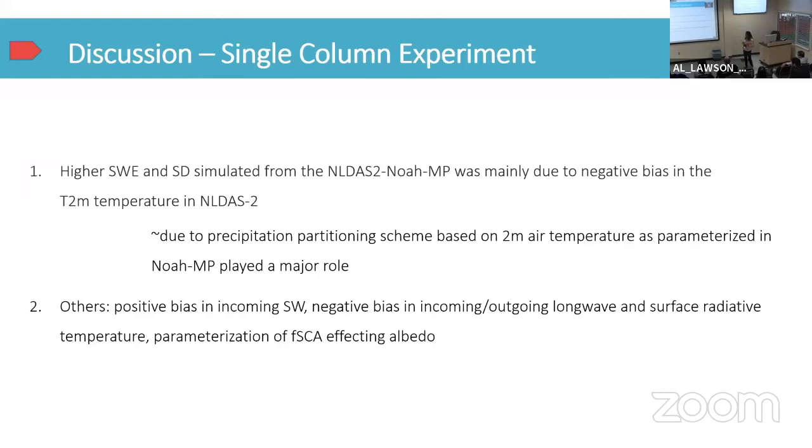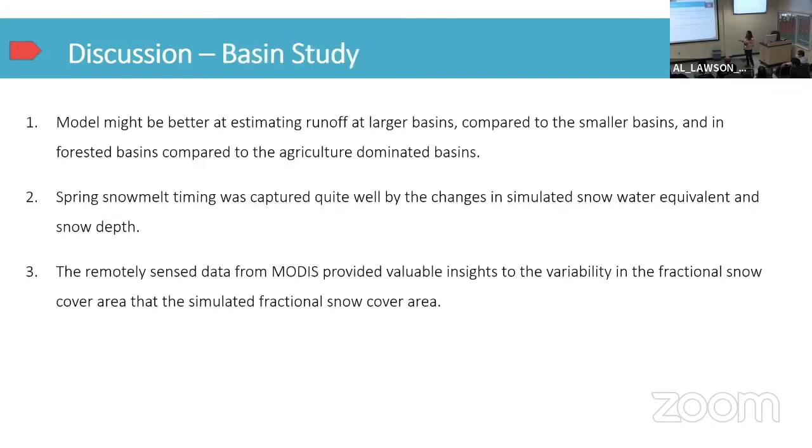And other things that were influencing were the positive bias in surface radiation, the surface radiative temperature, and also the parameterization of fractional snow cover area, which I didn't go into too much detail.